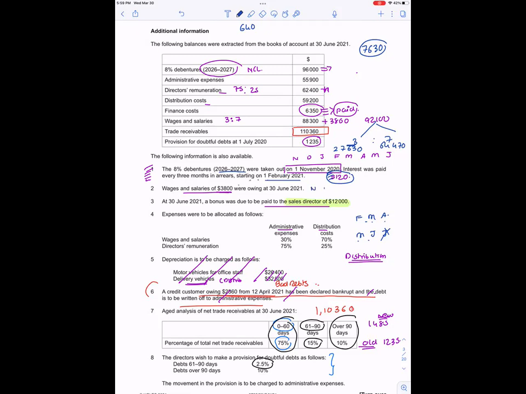So November, December, January, interest I paid in Feb. Feb, March, April, interest I have paid in May.